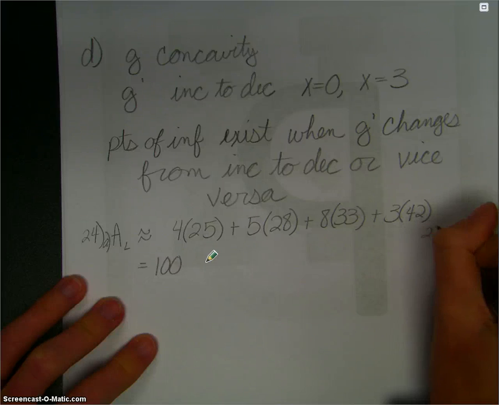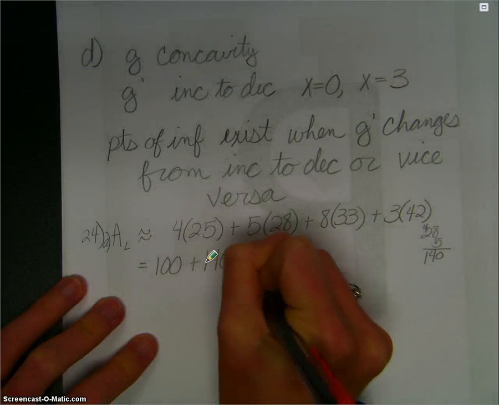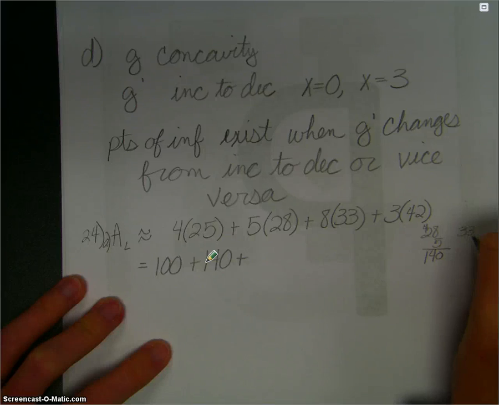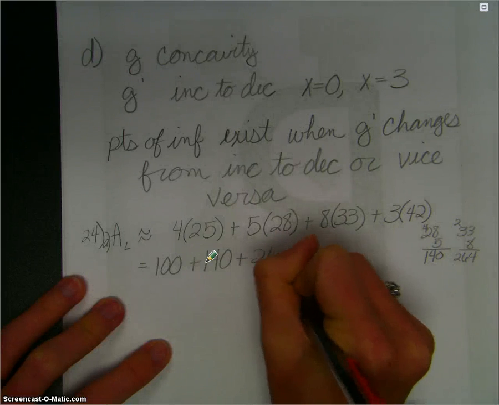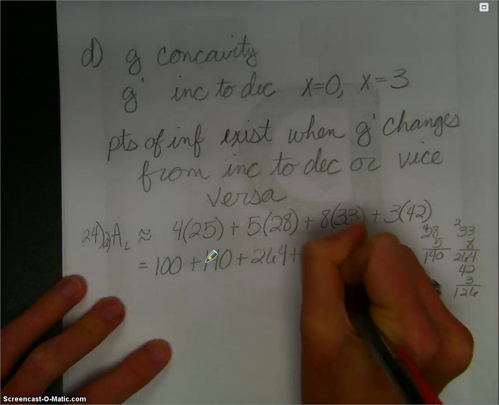Let's go over on the side and do a little math with that. That's going to give me 40, and 10 gives me 140. And 33 times 8 is going to give me 264. And then 42 times 3 is going to give me 126.